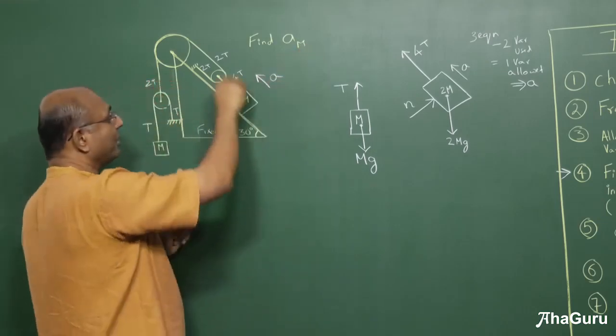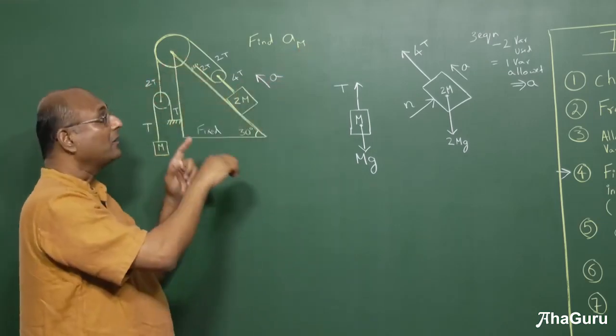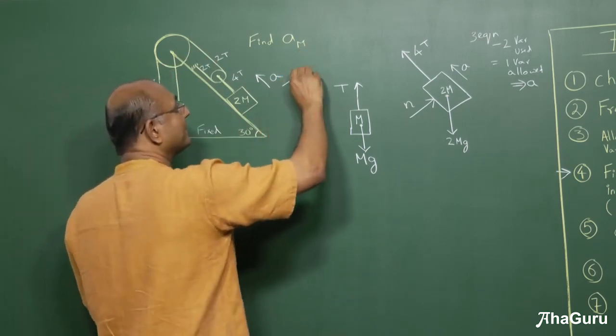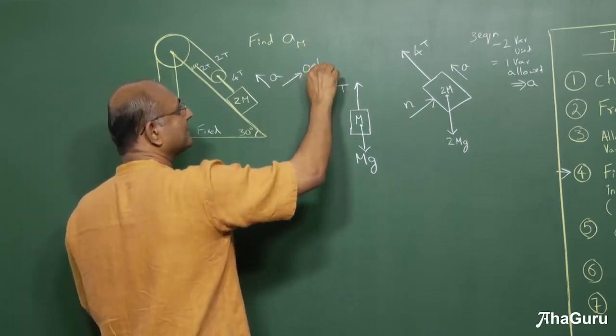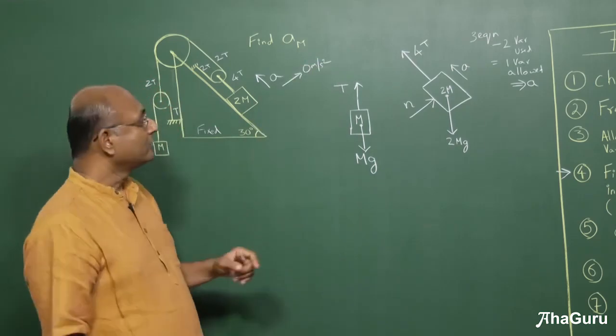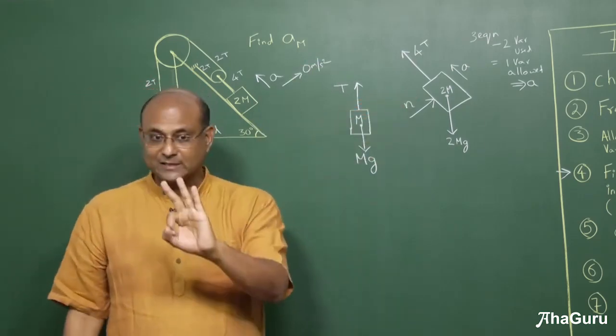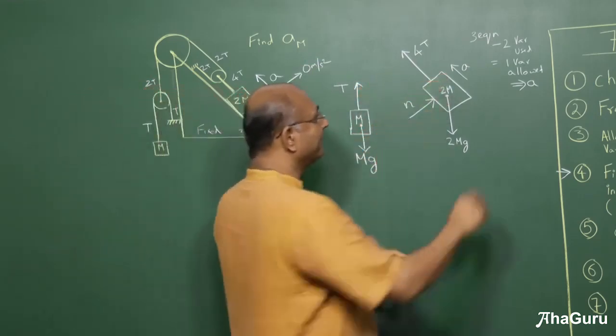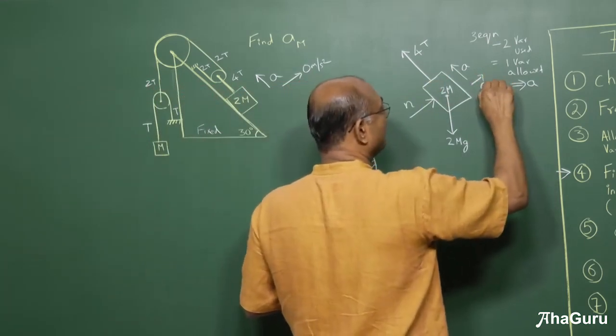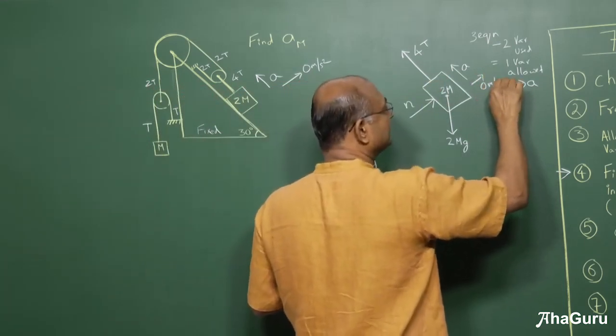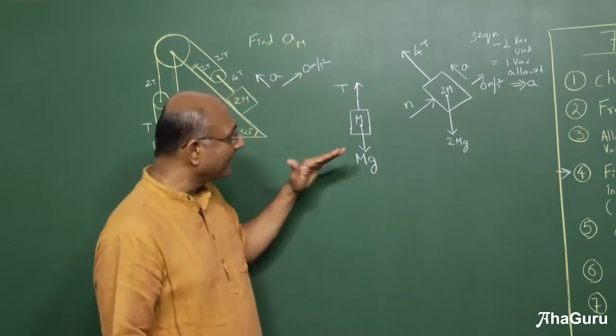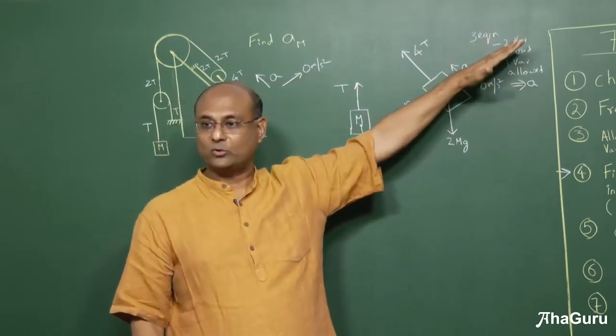So you know that this block has to move along the incline, which means you also know that in this direction acceleration is 0. You needed three equations, which means three accelerations, one variable, one acceleration. We do know already it is 0 meters per second square along the perpendicular to A.